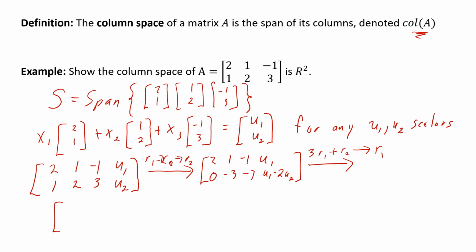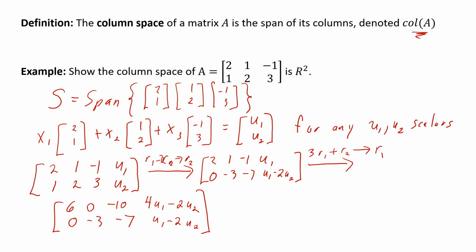We get 6, 0, -10, and 3 times row 1 gives us 4 times u1 minus 2u2. And the bottom row is 0, -3, -7, and u1 minus 2u2.